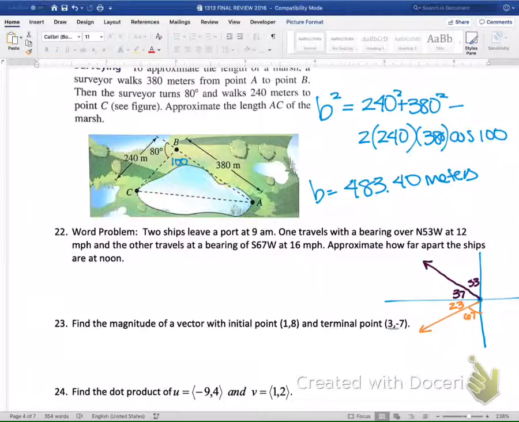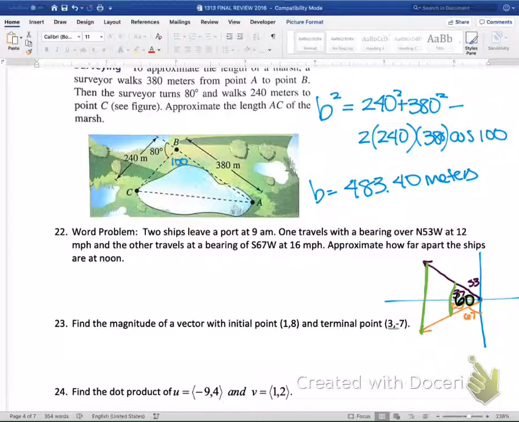We would like to know how far apart they are, which completes our triangle right here. So it does matter that I know that 37 and 23, because that tells me this interior angle here is 60, right? Here's the other thing that comes into play in the same question.